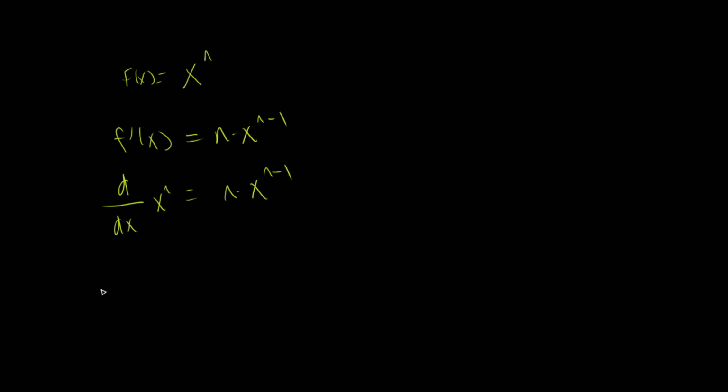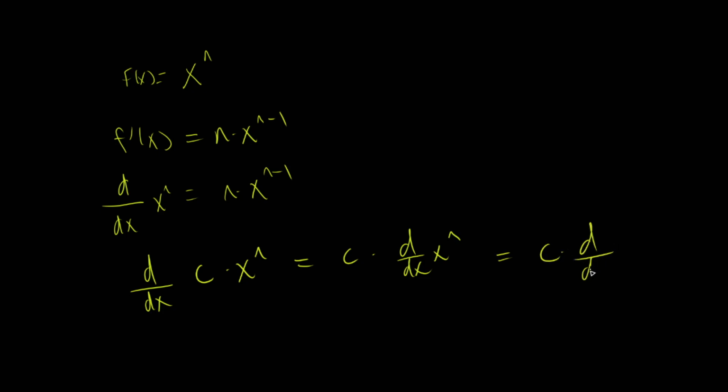Now, there are other properties of derivatives. For example, let's say I had d of dx of c times x to the n. You could just bring this constant out. So this would just equal c times the derivative of x to the n, which would equal c times n times x to the n minus 1.